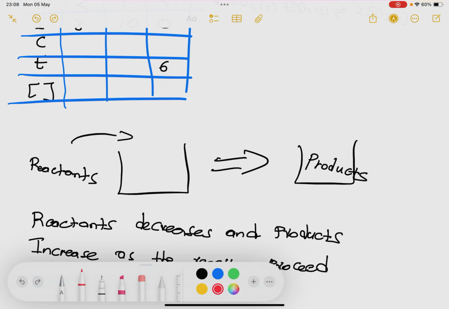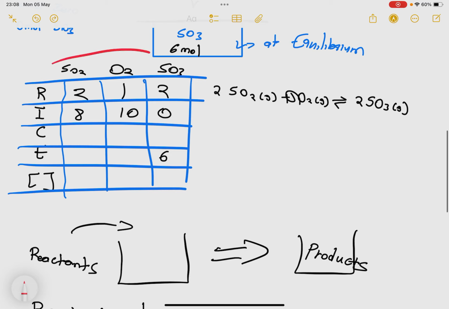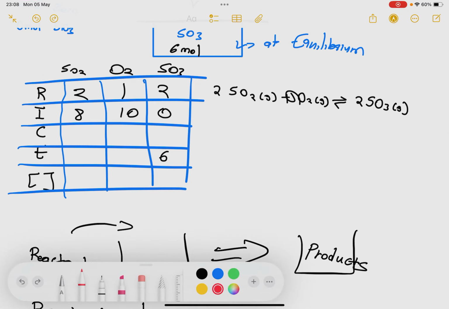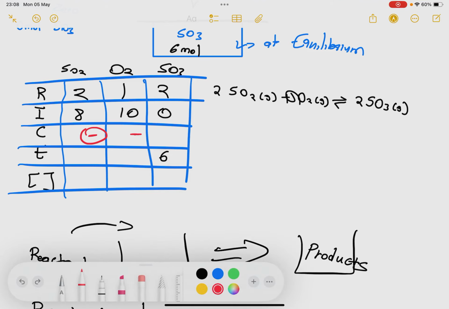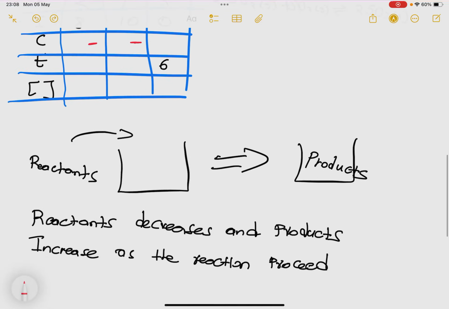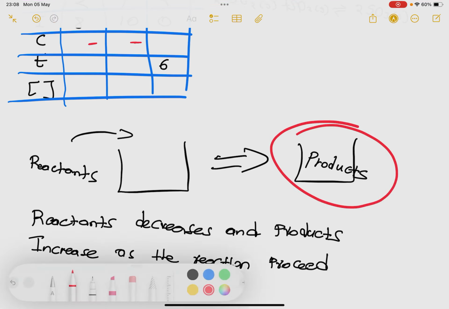It is decreasing. So when we come here, we know that SO2 and O2 are our reactants, so we know that they are going to decrease. I'm just going to write a minus. This means minus right there. But what about our products? Our products increase.